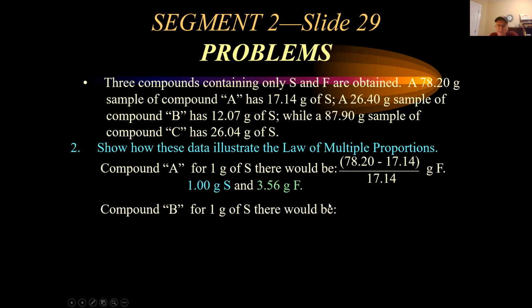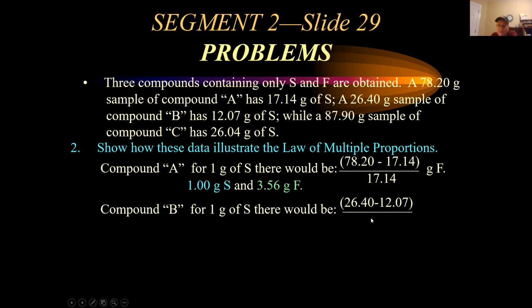If I take the second compound, compound B, and do the same thing to it, its sample weight was 26.4. It had 12.07 grams of sulfur. So if I wanted to have a 1 instead of 12.07, I would divide by 12.07, and that would give me 1 gram of sulfur. The amount of fluorine, as we did up there, would be the sample weight minus the amount of sulfur that was there.